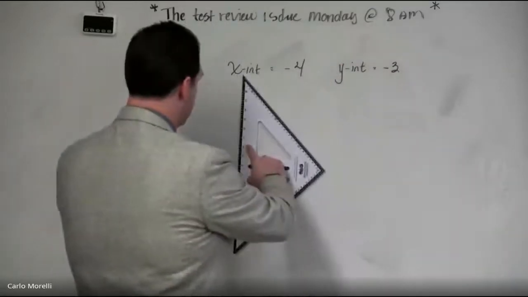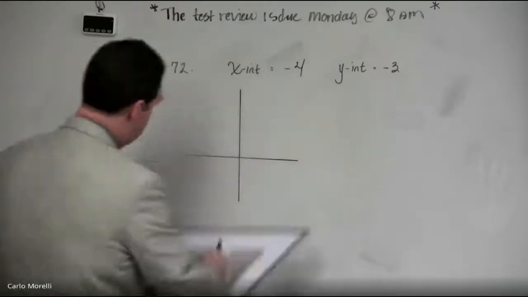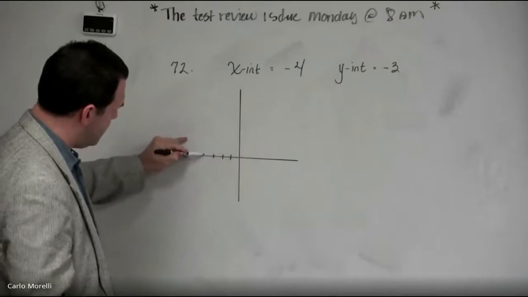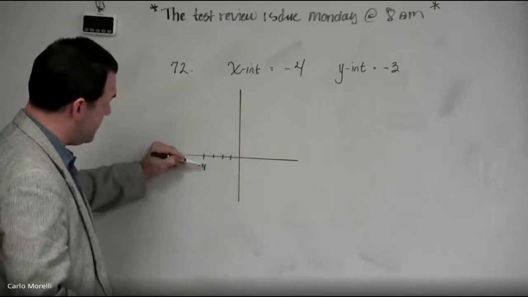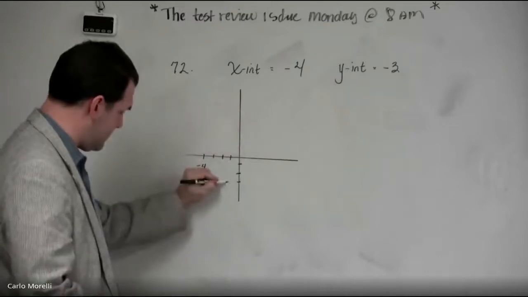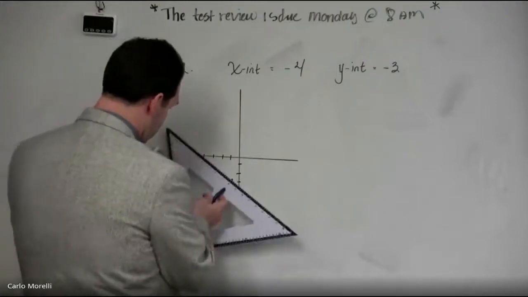So the picture is that I'm crossing the x-axis at negative 1, 2, 3, 4, and the y-axis at negative 1, 2, 3. So my picture of my graph will look like this.